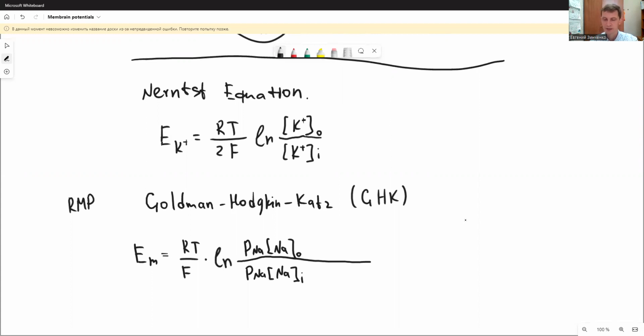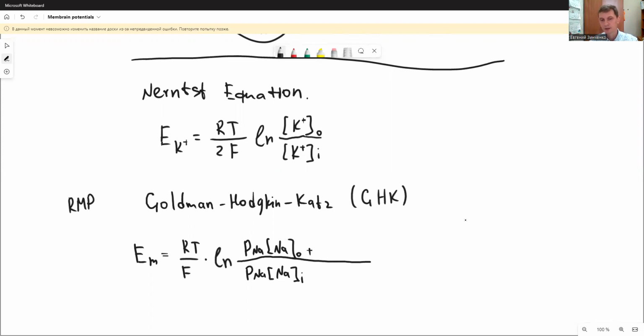These three types of ions make the maximum influence on making the membrane potential. And because of different permeability of the membrane for these ions, we need to use this factor, permeability.